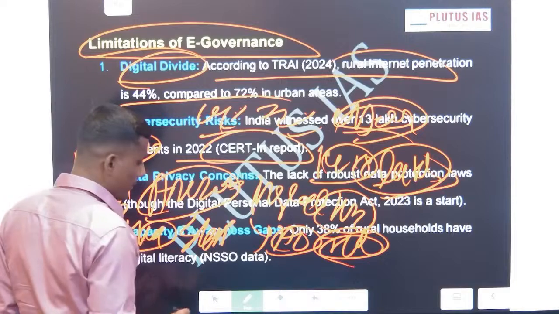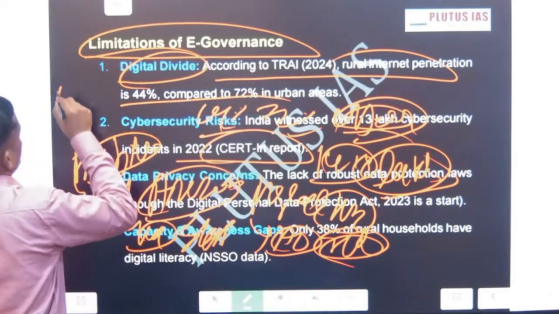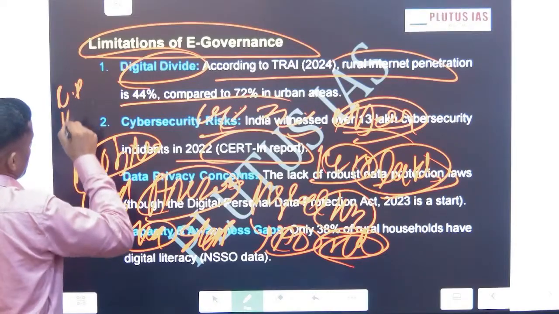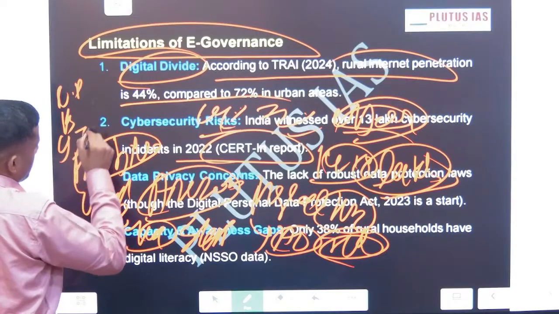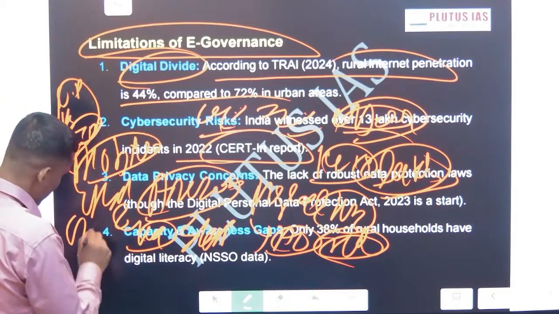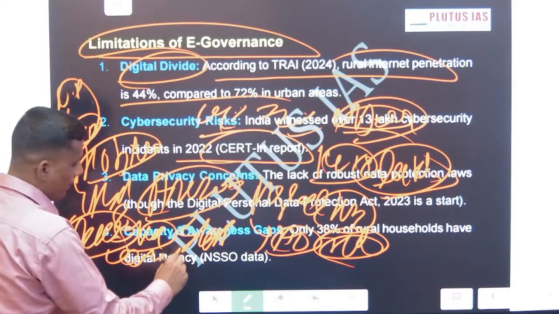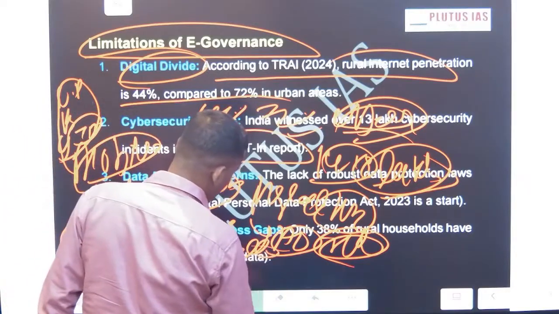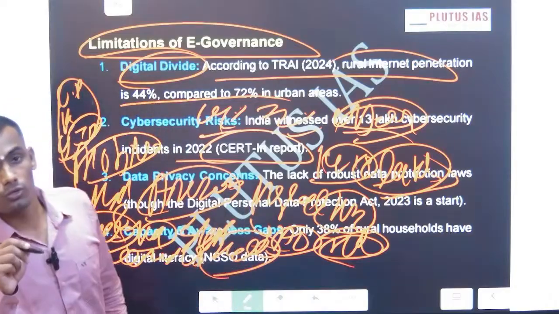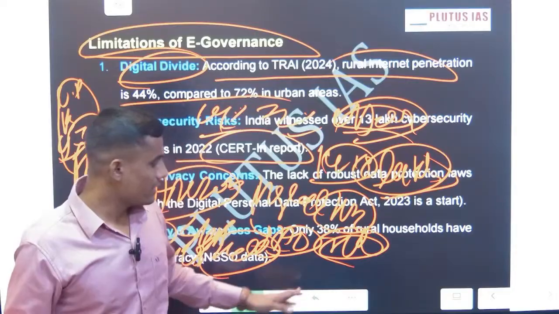Even the sharp divide is not just regional, but between Uttar Pradesh versus Tamil Nadu. Then there is the gender divide also. How many women compared to their male counterparts are using digital phones? This also limits the benefit of e-governance. Okay, so these are the points.